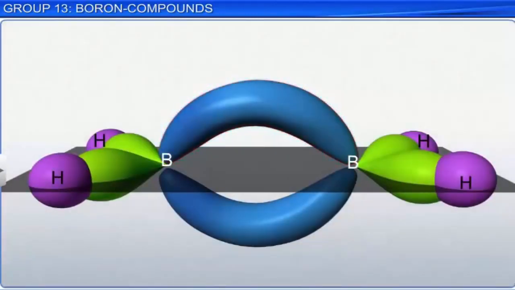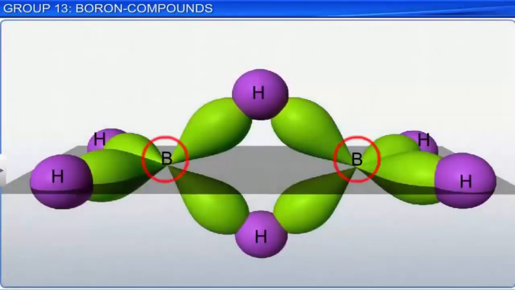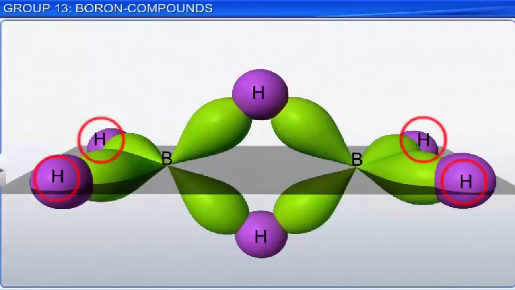Similarly, the other banana bond is formed on the other side. Thus, the 2 banana bonds formed lie above and below the plane of the boron atoms. The remaining 2 sp3 hybrid orbitals of each boron atom overlap with terminal hydrogen atoms to form normal sigma bonds. This results in the formation of 4 terminal hydrogen bonds.